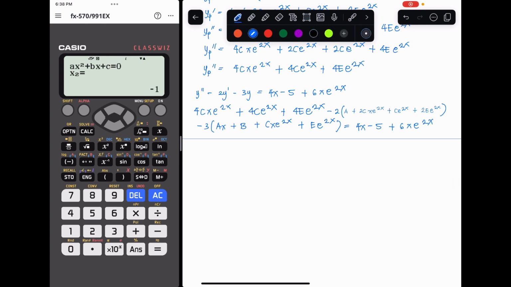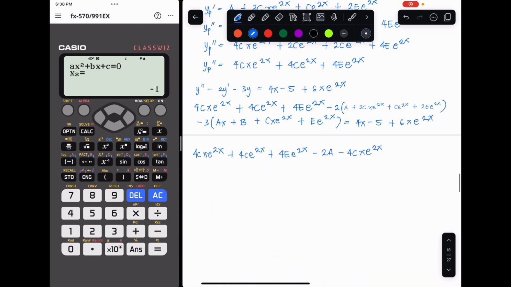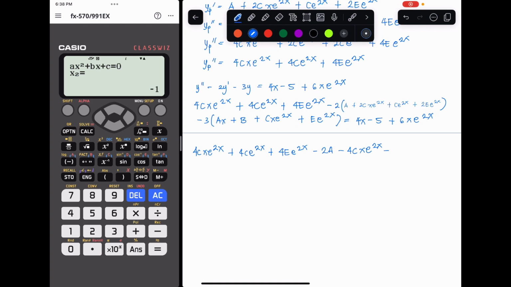So this will be equal to 4c x e2x plus 4c e2x plus 4e e2x minus 2a minus 4c x e2x, then minus 2c e2x minus, we distribute, 4e e2x minus 3ax minus 3b minus 3cx e2x then minus 3e e2x is equal to 4x minus 5 plus 6x e2x.